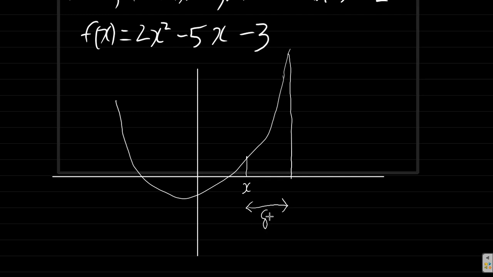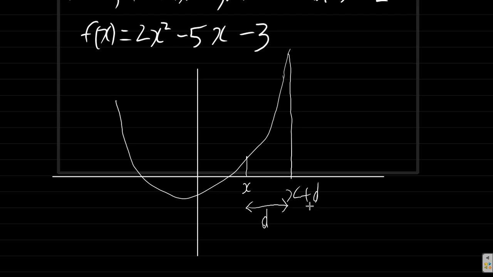Let's call it delta x. Well, we could call it delta x, but sometimes the delta and the x, 2 different letters, might cause a mix-up. So let's just call it d. Alright? And this x plus d.